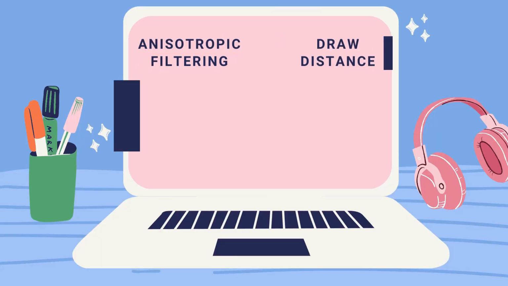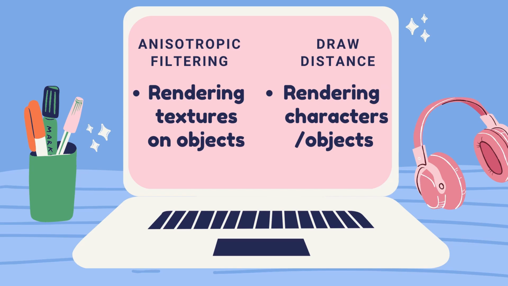So anisotropic filtering is about rendering textures on objects and characters, and draw distance is about rendering all the objects. That's the difference.